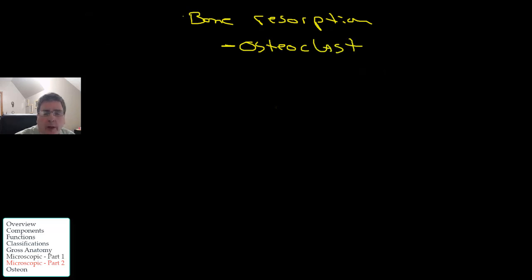Okay, an osteoclast, just real briefly, these are multinucleated cells. They originate from fusion of bone marrow cells, similar in nature to monocytes. They're phagocytic in nature.